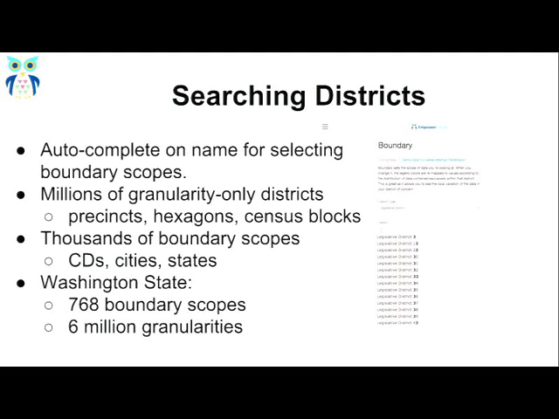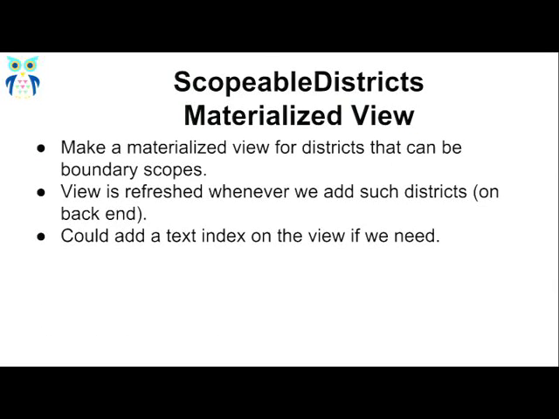Well, we're not actually going to be making maps of hexagon 1, 2, 3. We're going to be making maps of congressional districts and counties and cities, and just showing the data by hexagon. So I have millions of districts that are only ever used for granularities, and only thousands of districts that you're ever going to be selecting in this way. So in Washington State, 6 million granularities, 768 potential boundary scopes.